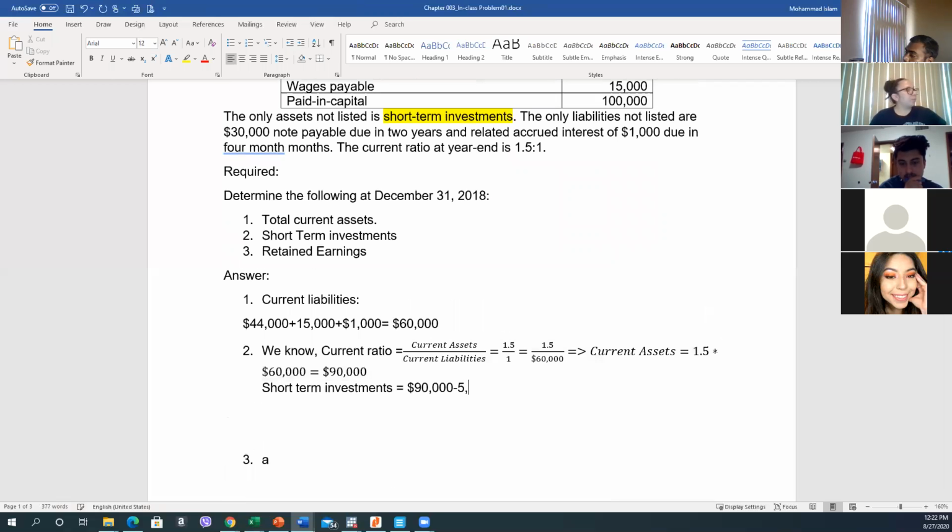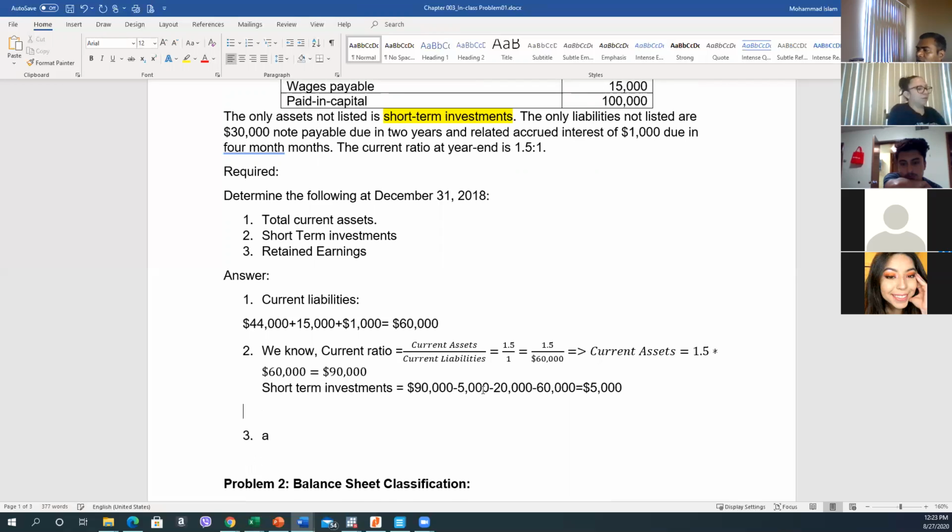So 5,000, 20,000 minus 60,000, which is equal to 5,000. Yes, the short-term investment is 5,000.